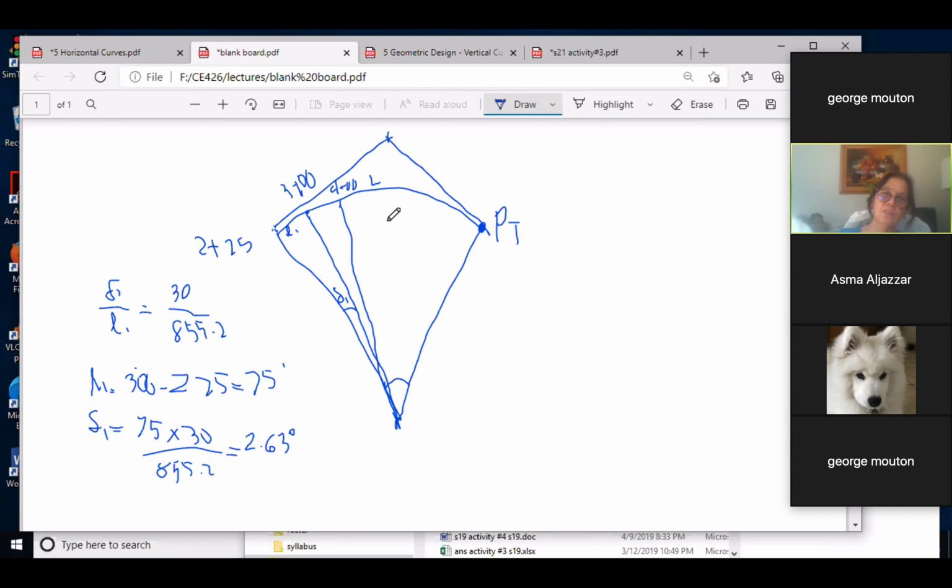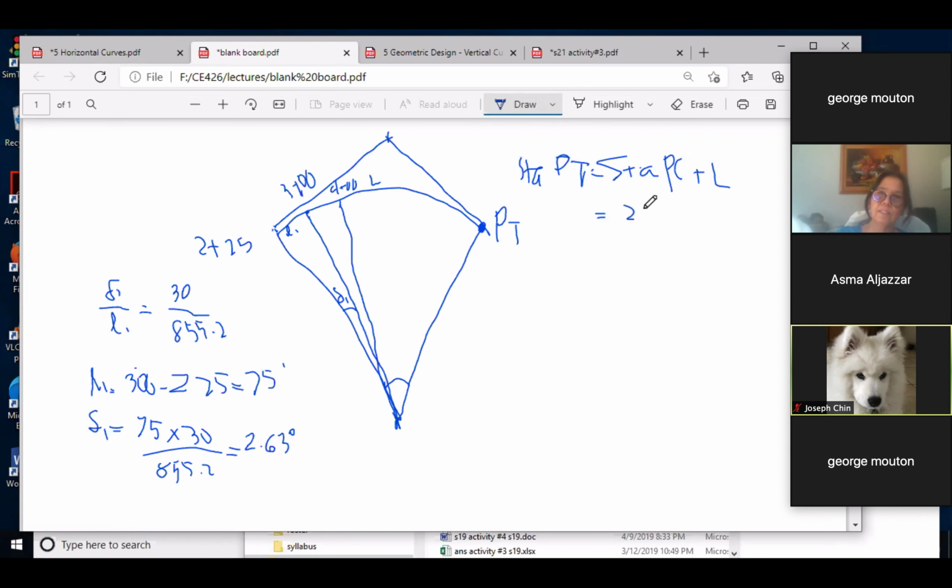PT. So station PT is station PC plus L. So station PT is station PC plus L. So 225 plus L, what is L? 855.2.